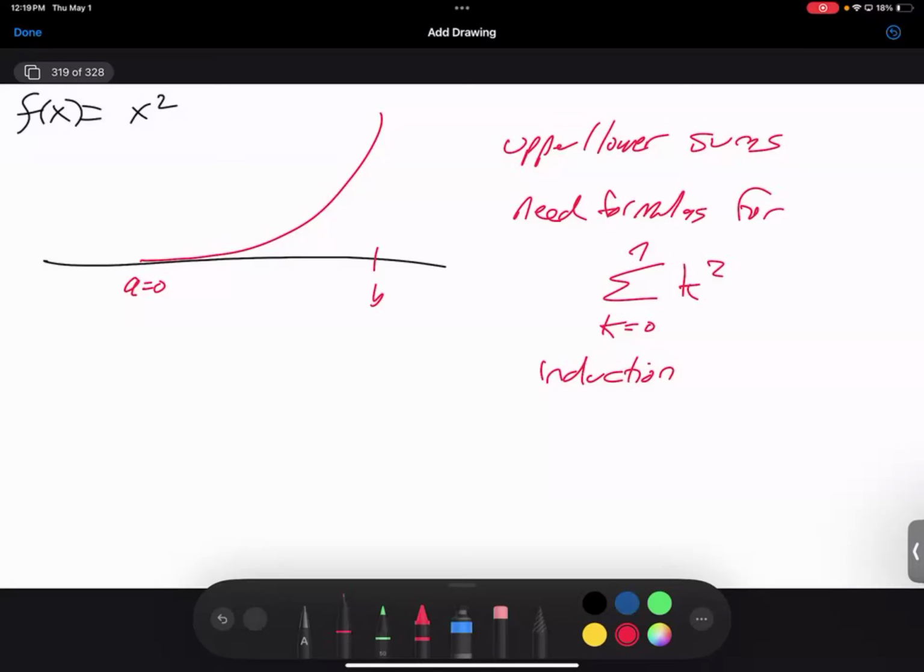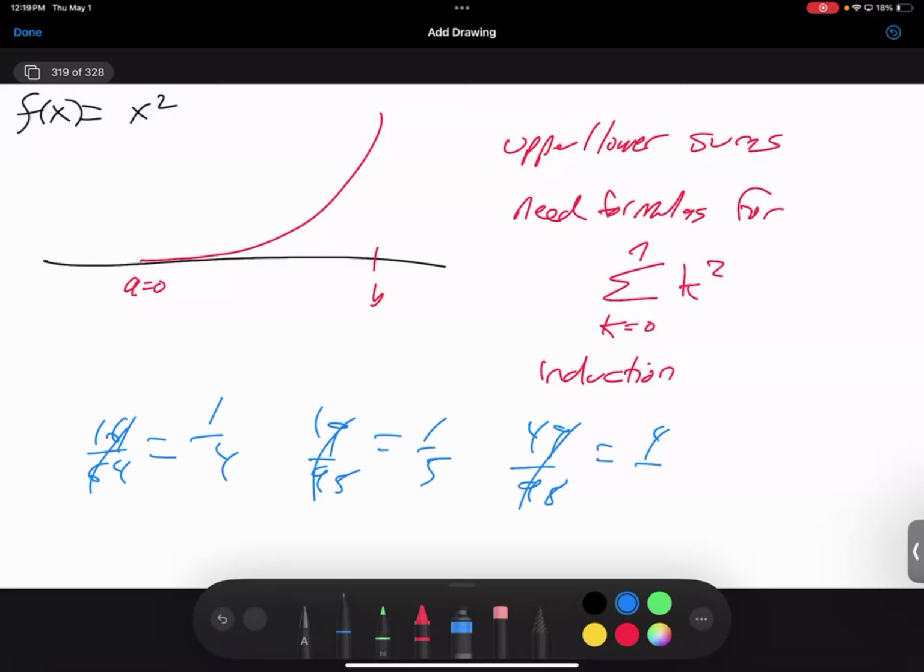And I'll end with, I believe I've given you this before, 16 over 64. We've done this. Cancel the 6's, it's 1/4. 19 over 95, cancel the 9's, it's 1/5. 49 over 98, cancel the 9's, it's 4/8, which is 1/2. Therefore, 12 over 24 must be 1/4.